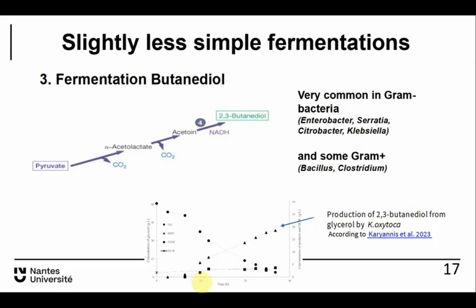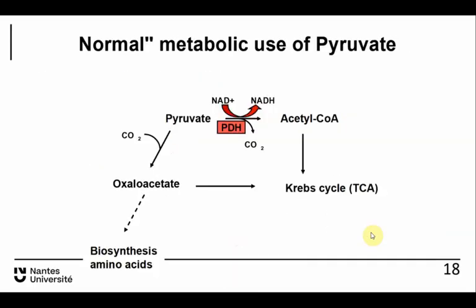So this is a paper published just last year with the glycerol concentration going down and the butanediol concentration coming up, okay, over the fermentation time, by Klebsiella oxytoca. So that's still kind of useful.